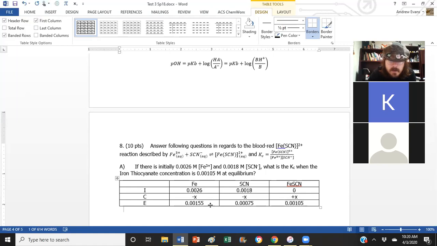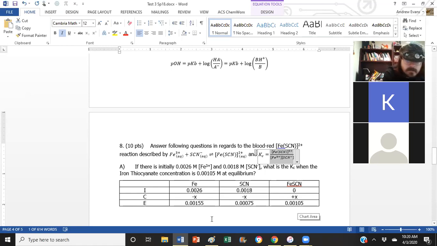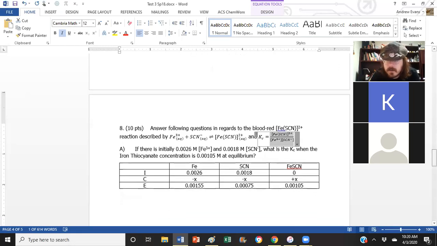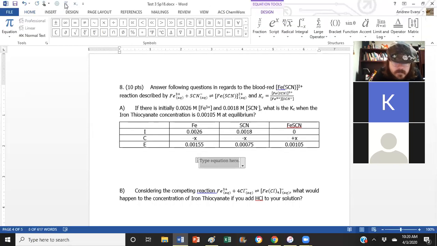Now, with that in mind, our K expression is this. So I'm plugging these 3 numbers into our K expression. So 0.00105 divided by 0.00075 divided by 0.00155. Our K in this problem is 903.